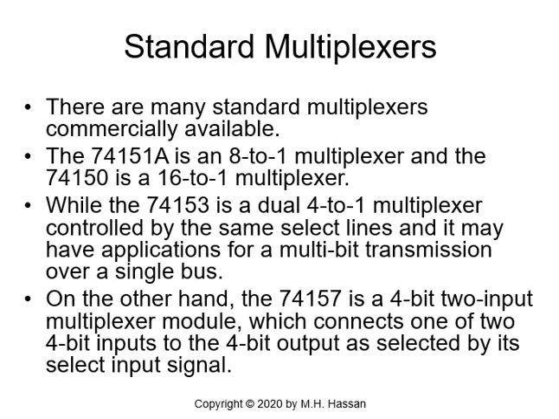On the other hand, the 74157 is a 4-bit 2-input multiplexer module which connects one of the two 4-bit inputs to the 4-bit output as selected by a select input signal. So those are the standard multiplexers available on the market.